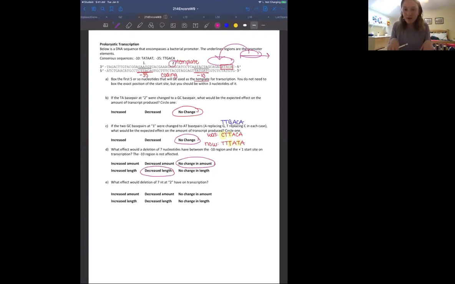And anything that prevents RNA polymerase from touching down properly is going to decrease the amount of transcript we can make, but it's not going to change the length of the transcript that you're able to make. Okay, so that's prokaryotic transcription.